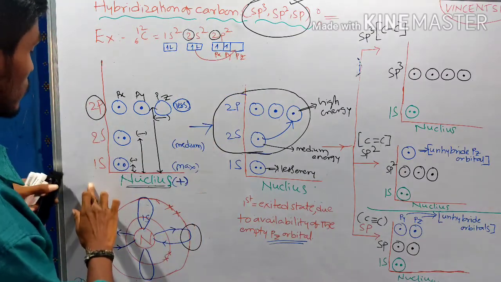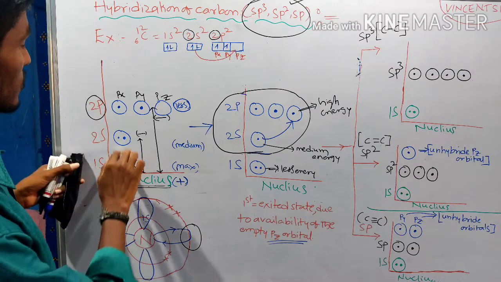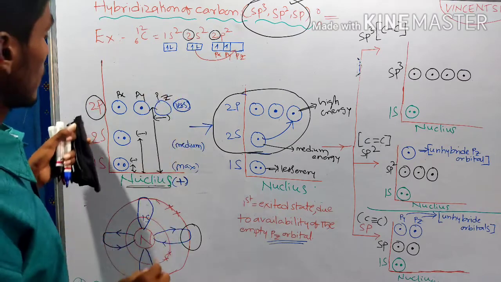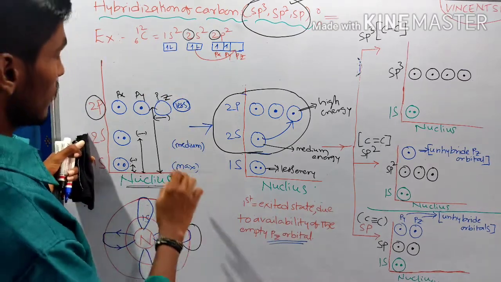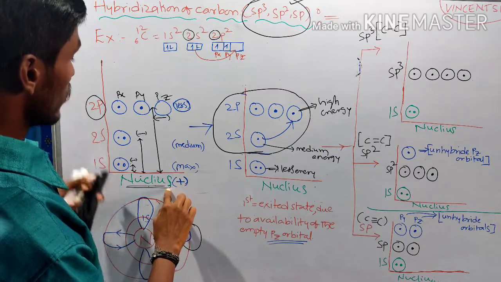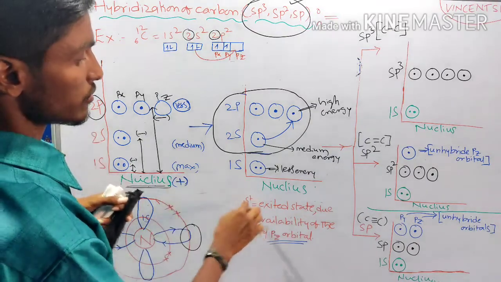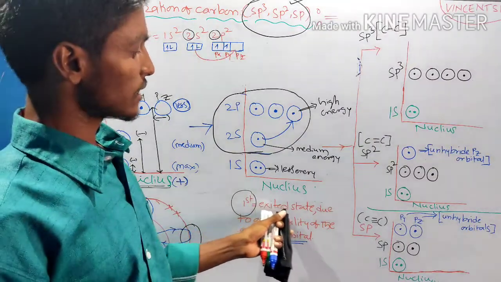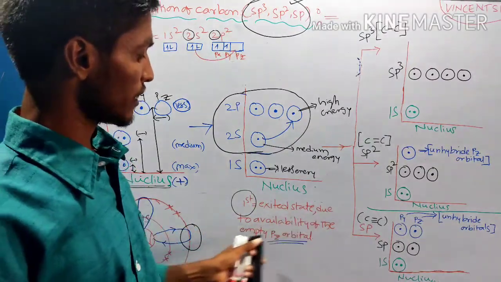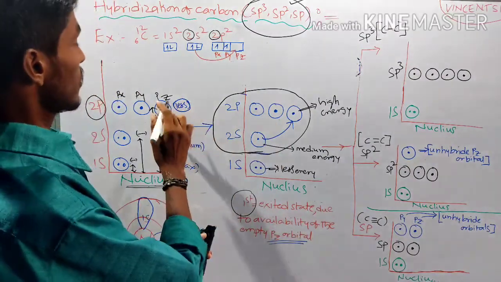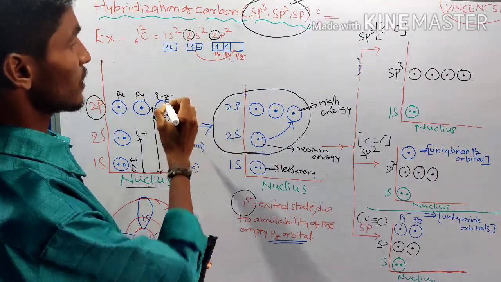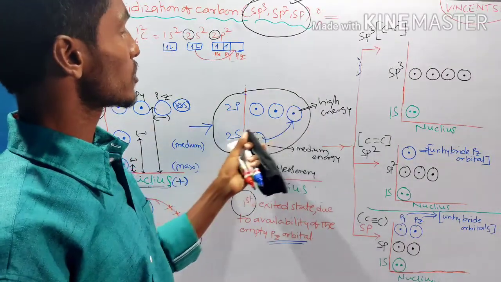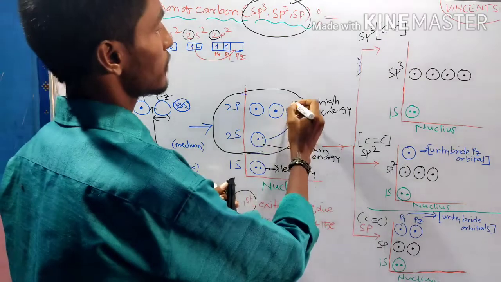The 1s orbital is nearer to the nucleus, the 2s is at medium distance, and the 2p is somewhat more distant from the nucleus. The carbon atom undergoes the first excited state, due to the availability of the empty pz orbital. Then an electron from the 2s moves to the pz.